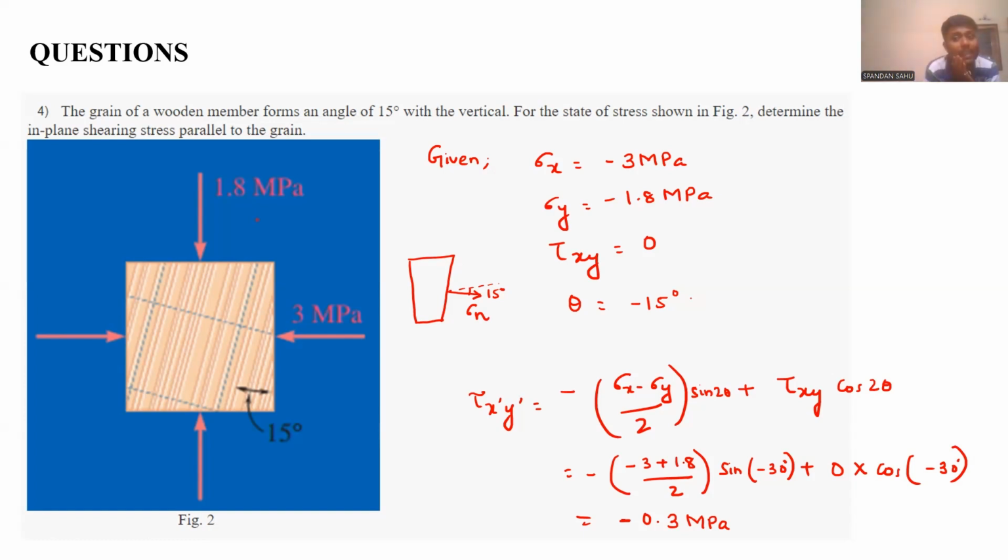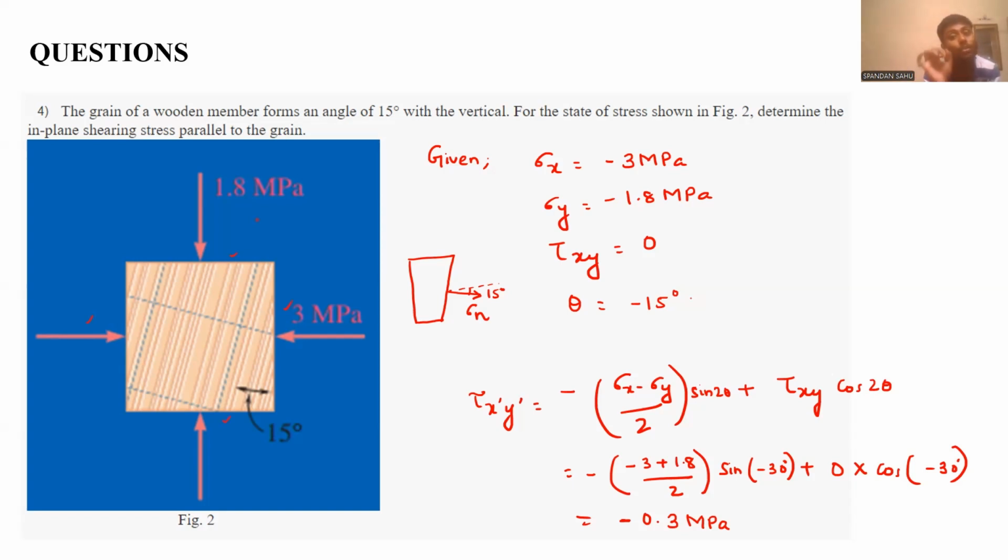So the overall agenda of this question is to let you know that if some nodal stresses are given, you have to find out the principal stresses. The other way around also the question can be framed, and this is the other way around formation of the question. Because in these planes, you can see there is no shear stress. If there is no shear stress, these planes are directly called principal planes.